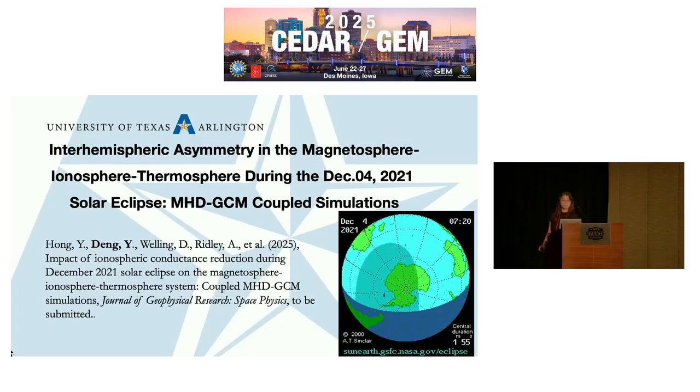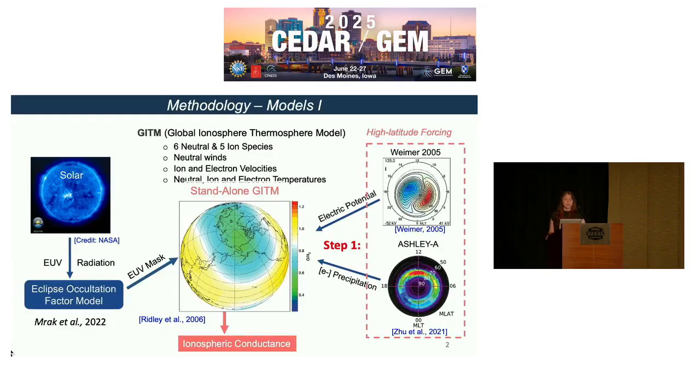And here is the model we used. Regarding the solar EUV radiation, we implemented the EUV mask from Sebastian to reduce the solar radiation over the southern polar region in the Gitm simulation.